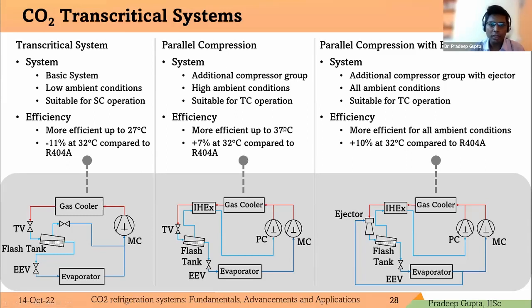Parallel systems are more efficient till 37 degrees Celsius of ambient temperature, and at 32 degrees ambient temperature, they show 7% higher efficiency compared to R404A. And parallel compression with an ejector is more efficient at all ambient conditions, and shows a 10% improvement in cycle efficiency compared to R404A at 32 degrees.